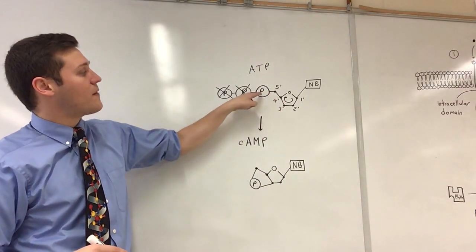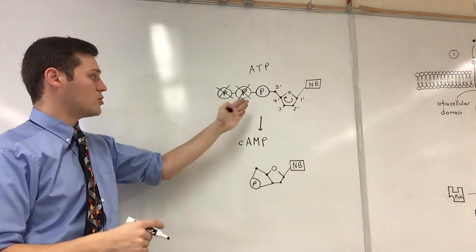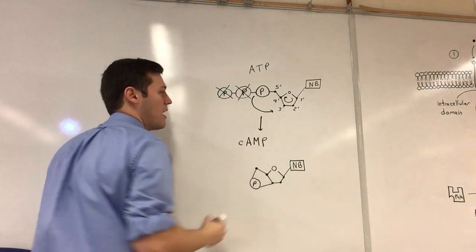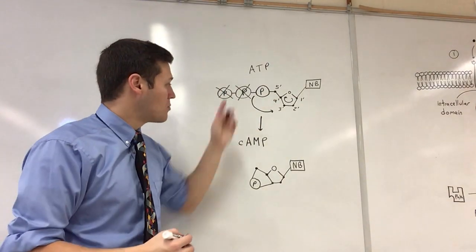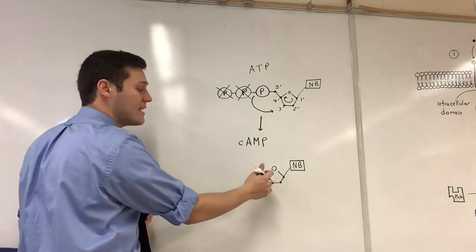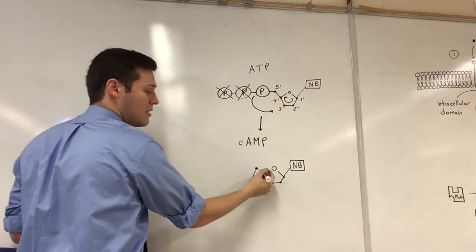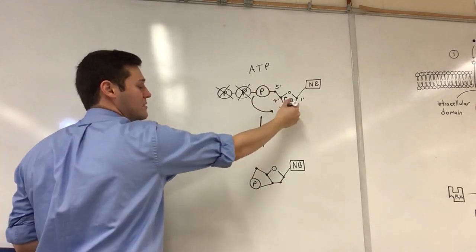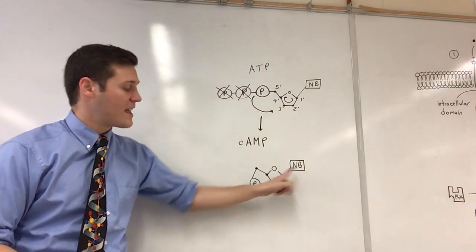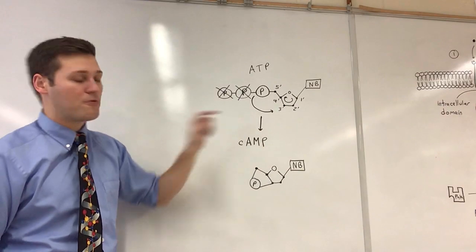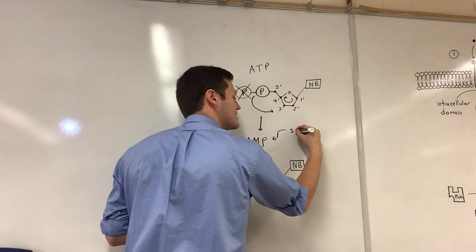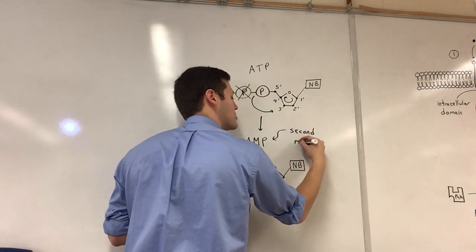And so this phosphate loses the two adjacent phosphate groups, and this phosphate reforms its bond with the 3' carbon. So what we end up seeing is a new molecule that only has one phosphate group, and it creates this cyclical shape that has been bonded in a different way with the 3' carbon. Hence, cyclic AMP, cyclic adenosine monophosphate. So cyclic AMP is considered a second messenger.